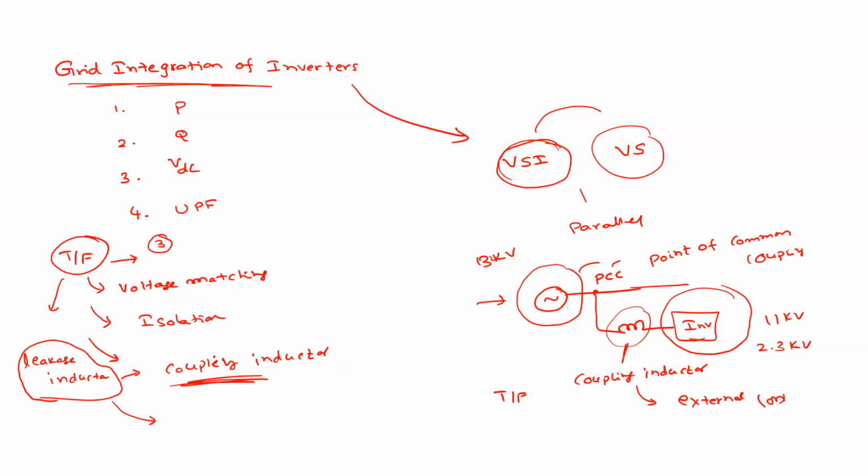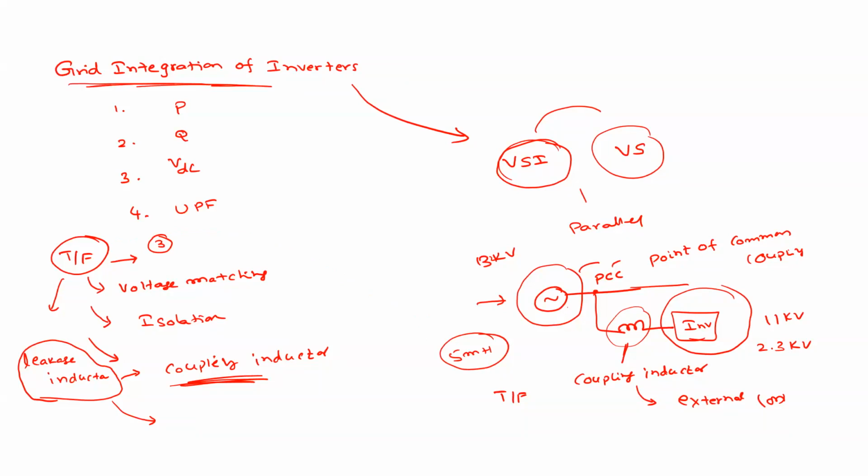We will not design the transformer with the required leakage inductance. Let us assume that to couple this inverter, you require 5 millihenry inductance. We will not design a transformer with 5 millihenry. When designing the transformer, we try to reduce the leakage inductance as much as possible.